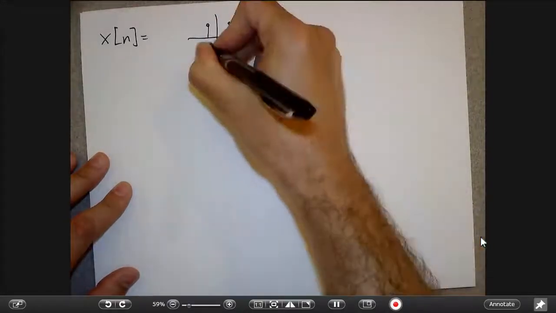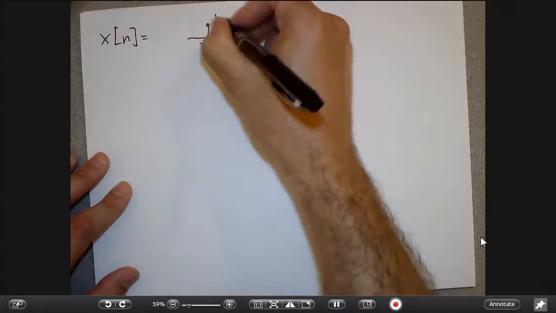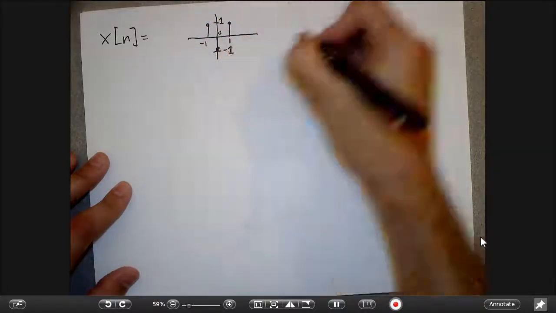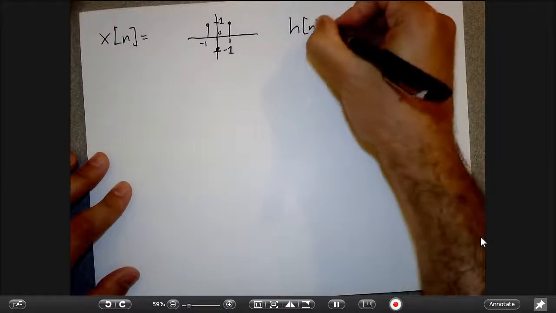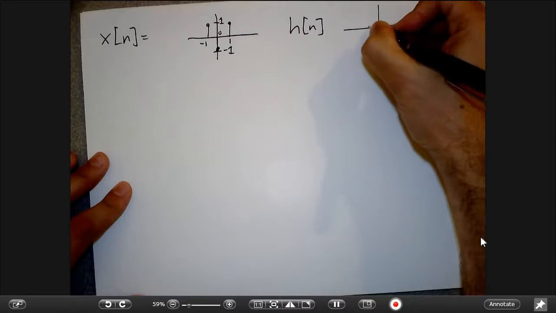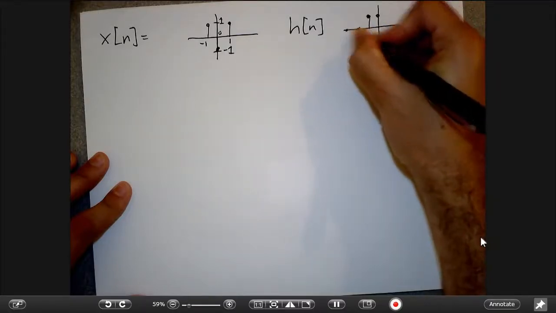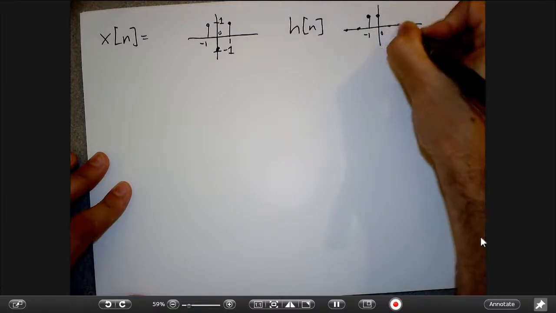So x here is starting early. And let's suppose my h of n is something like this, where it has some values for negative values, okay?